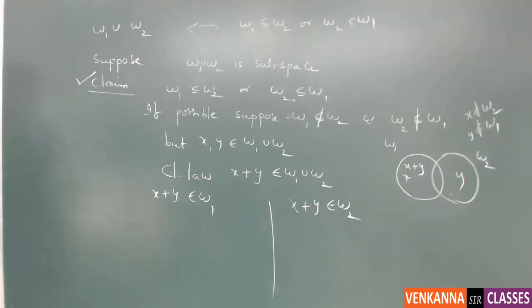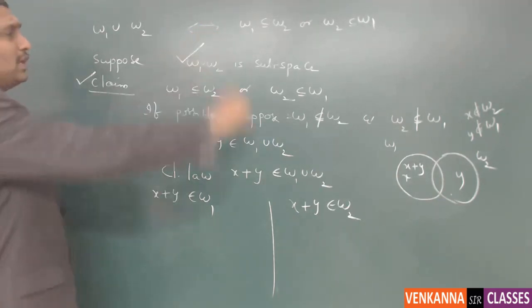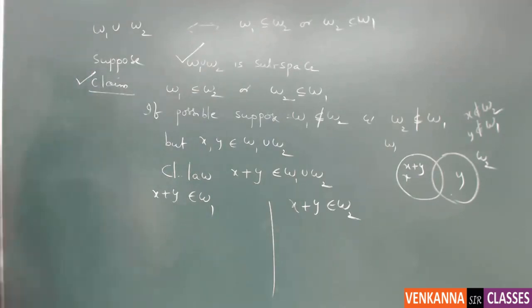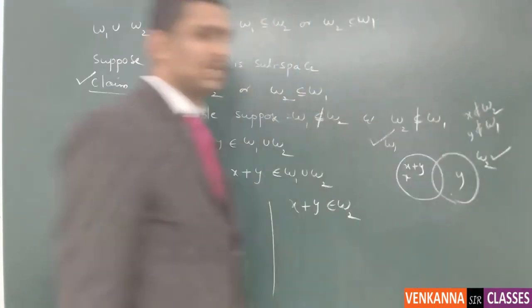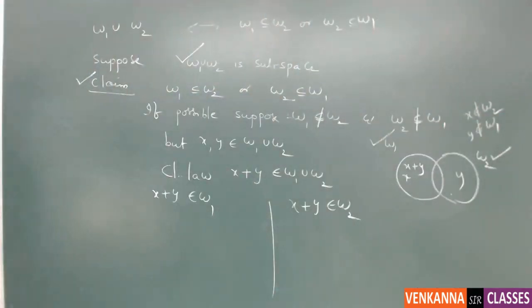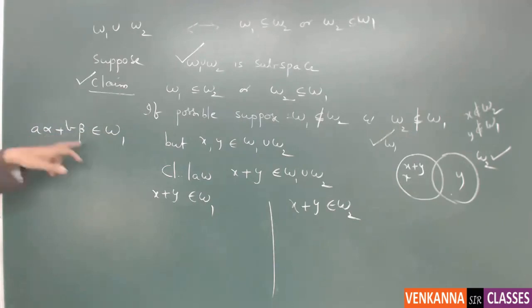So since I am taking that W1 union W2 is a subspace, W1 is a subspace, W2 is a subspace, all these sets will satisfy the condition a alpha plus b beta belongs to that set, where alpha and beta are vectors, and a, b are numbers.